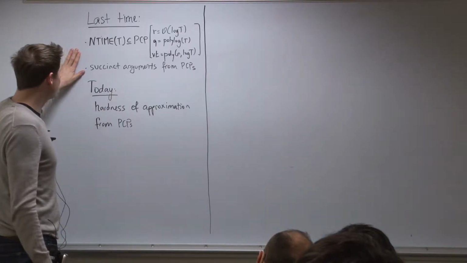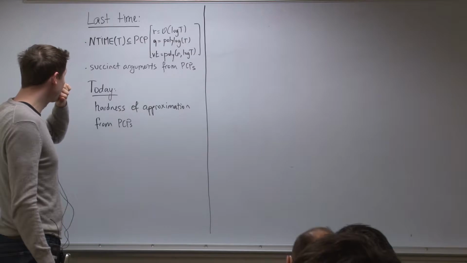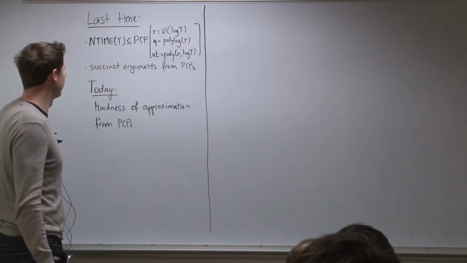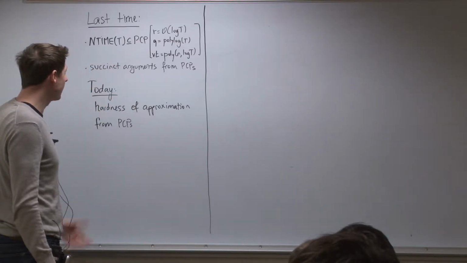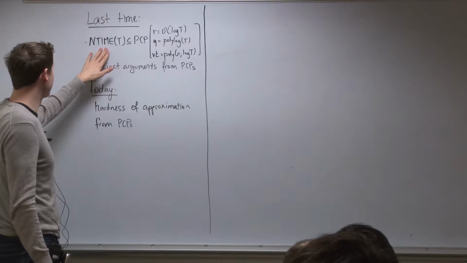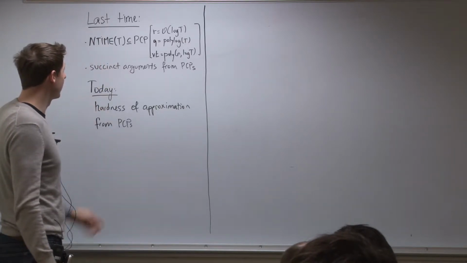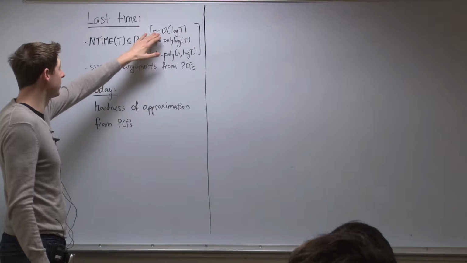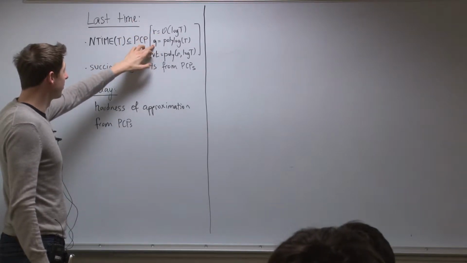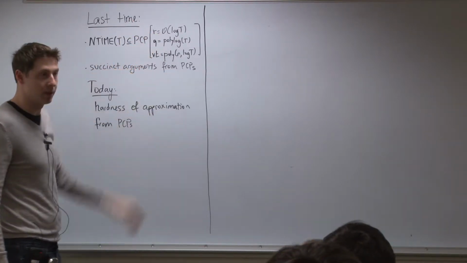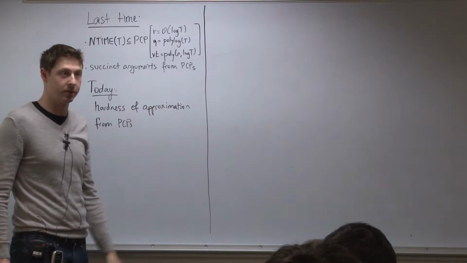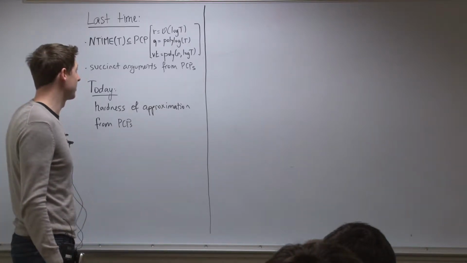Okay, so last time we finished, I guess, a long journey to try to prove a rather strong result: every language in NTIME(t) can be probabilistically checked via proofs of polynomial size, polynomial in t, a polylog number of queries, and the verifier running in polylogarithmic time, so exponentially less than the size of the witness.